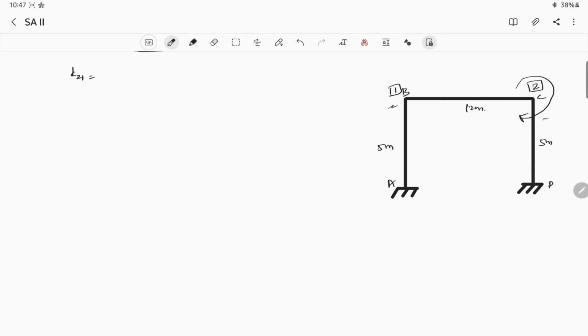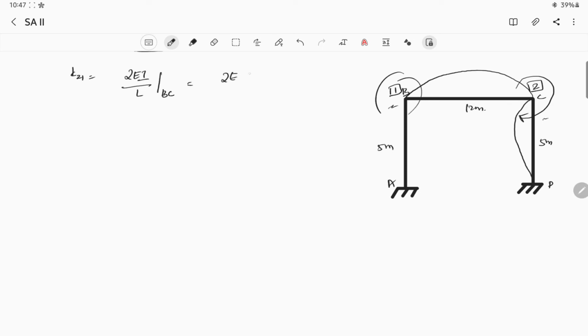What will happen to the frame? It will get deflected in this fashion. Also this portion will get deflected in this fashion. So this is how the frame will get deflected. What will happen at node 1? K21, it is the far end, so 2EI by L for span BC.